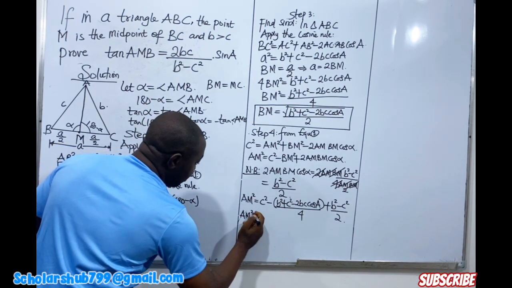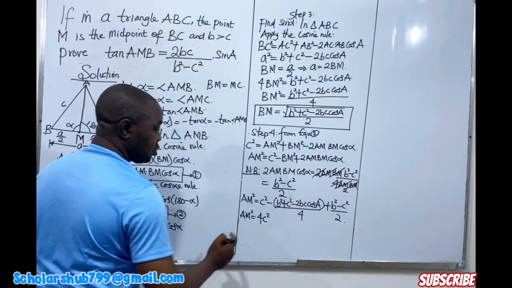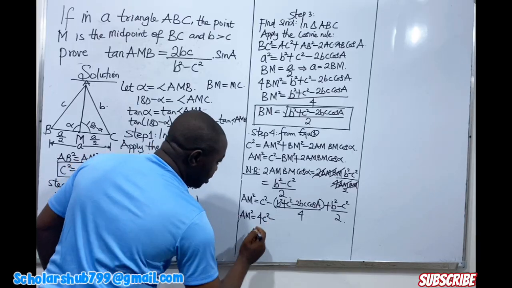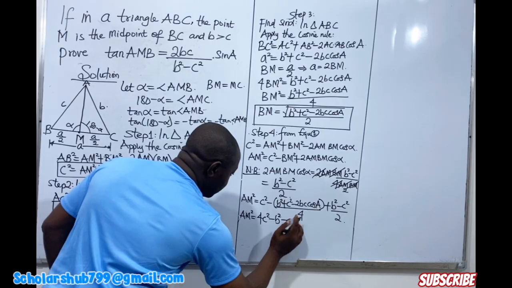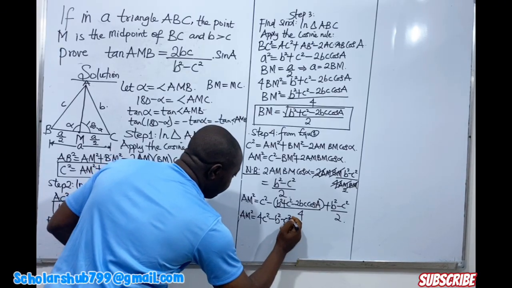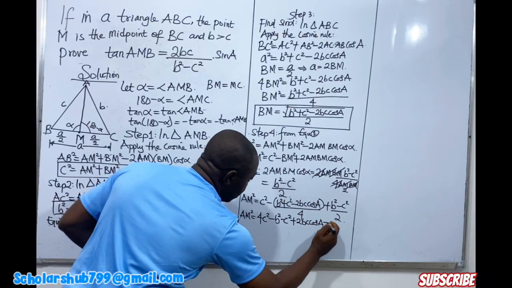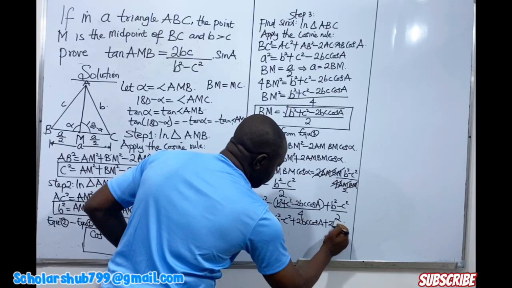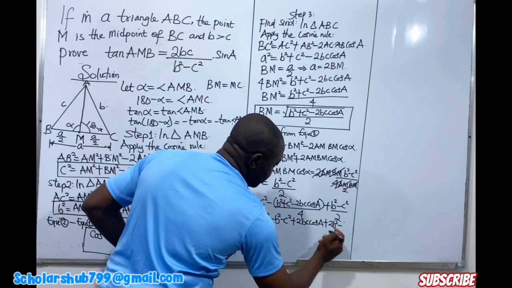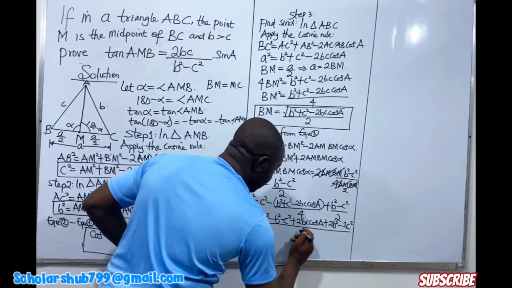We have AM squared to be, this will be 4c squared minus b squared minus c squared, then plus 2bc cos A, then plus, the LCM is 4, so 2b squared minus 2c squared, divided by 4.